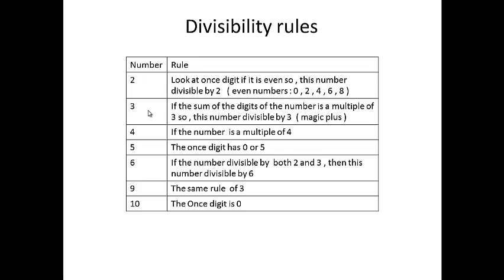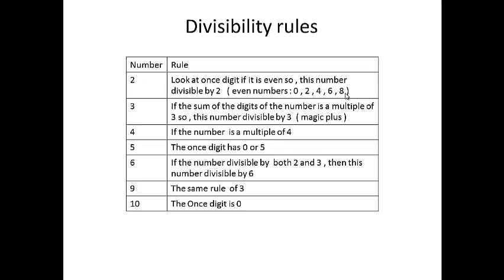Do you know the even numbers? Yes, 0, 2, 4, 6, 8. 42, its ones digit is 2. 2 is an even number. So the whole 42 can be divisible by 2. We can use long division to get our quotient.